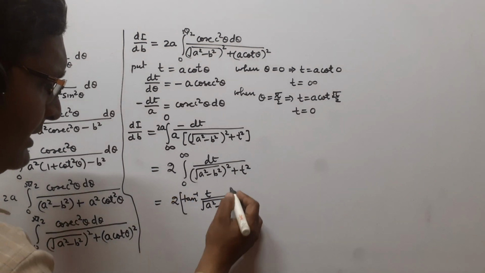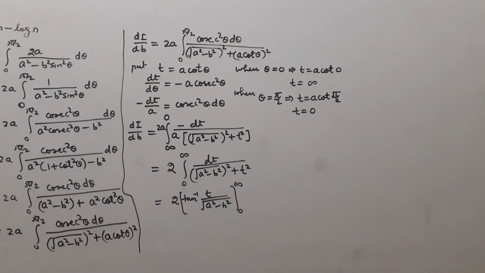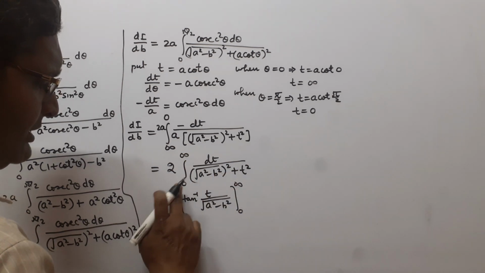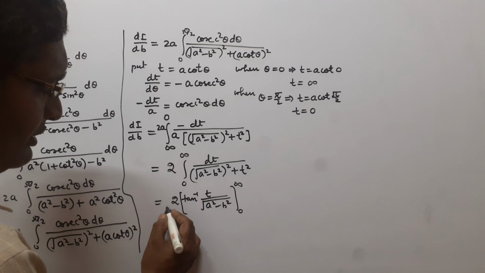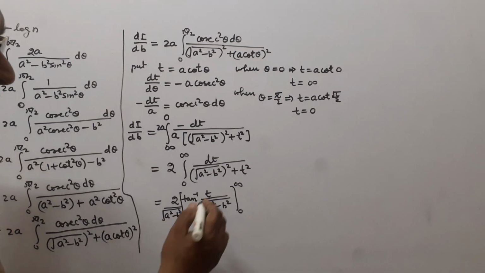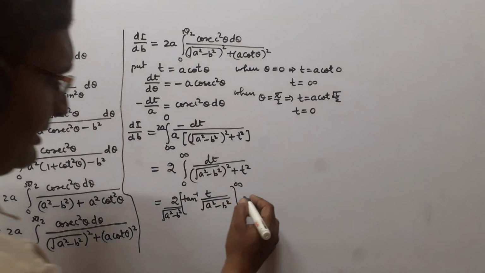Now we put here the limit. We know that the integral of 1 upon a square plus x square is equal to 1 upon a tan inverse x by a, so here we write 2 upon under root a square minus b square. Now we put the upper limit minus lower limit.